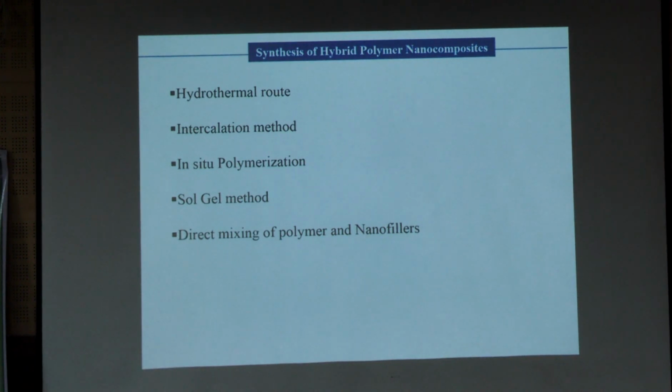Depending on the matrix material and the nanoparticles or fillers, whatever is good, we select that method, because each method has its own advantages and limitations. Based on the literature we select which method is suitable for our material and also for our application, right. Sometimes we need to fabricate thin sheets, or sometimes very thick slabs, depending on the size and shape and the materials, etc. We select the required process.